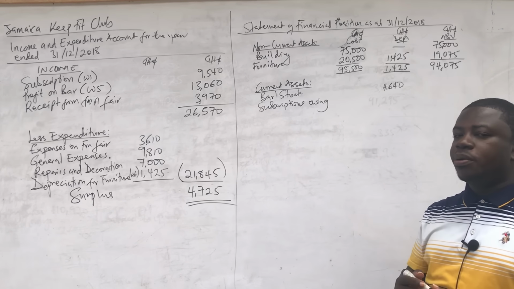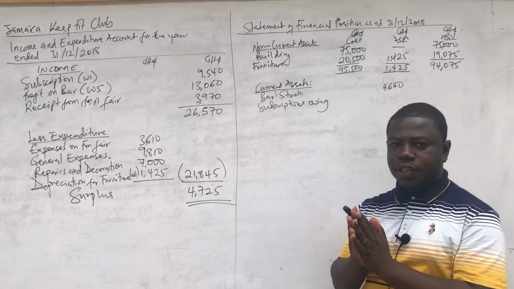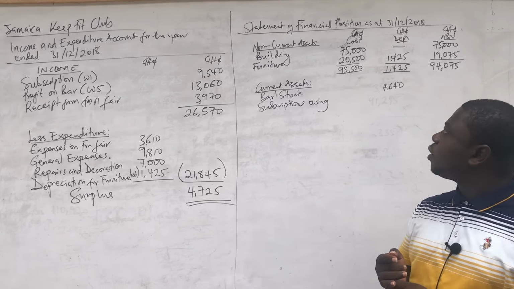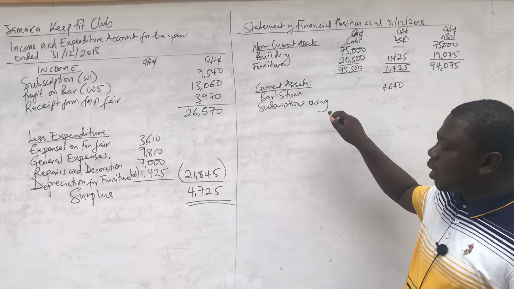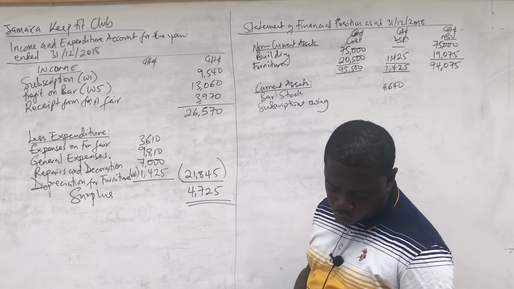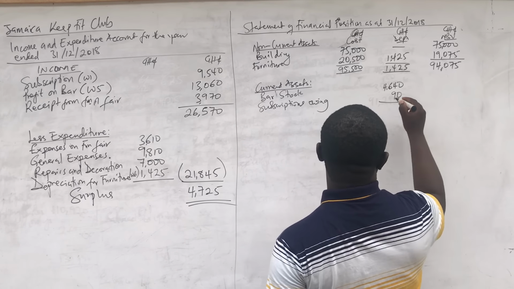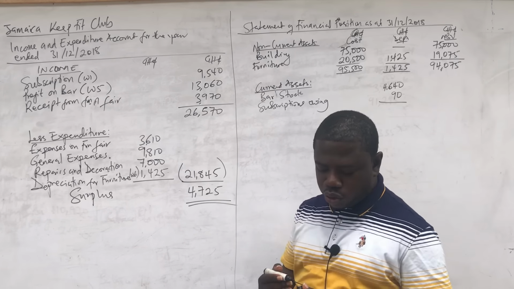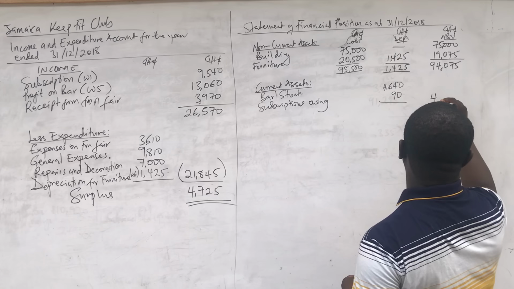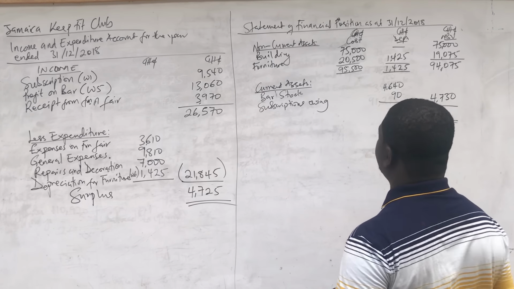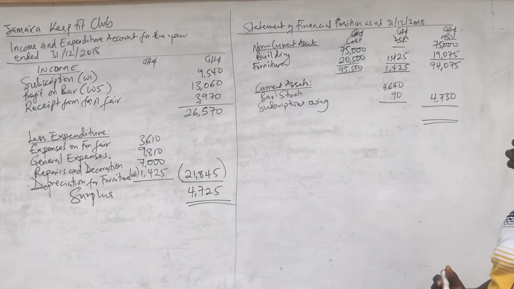We use the opening balance for the opening statement of affairs in order to get the accumulated fund. So in the statement of financial position, we are going to use the closing balance for subscriptions owing, and that is going to give us 90 cedis. So when we add the two, we are going to have 4,730.